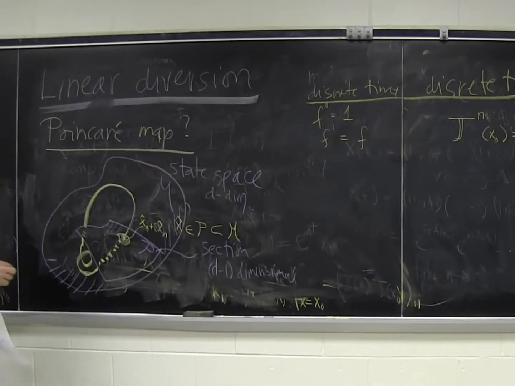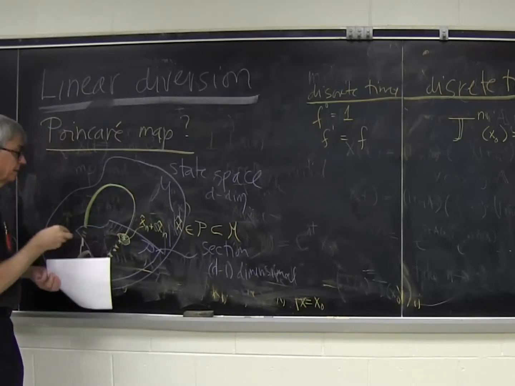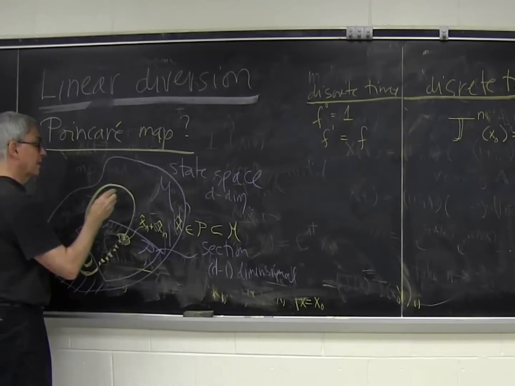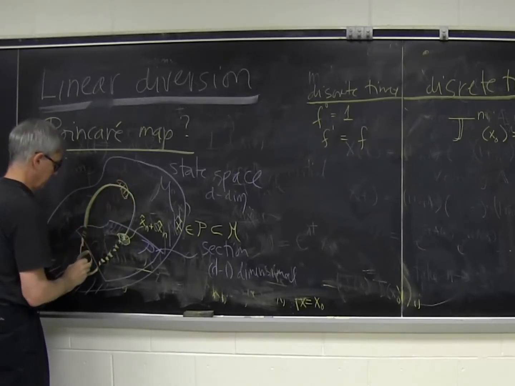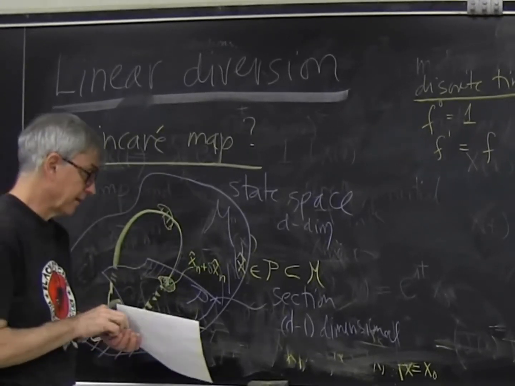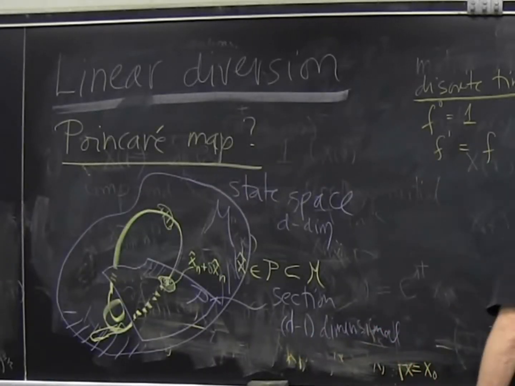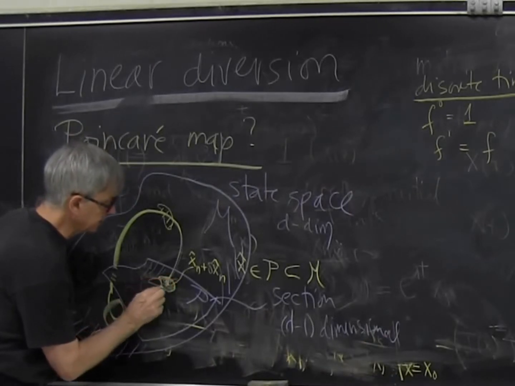It's quite obvious that as this thing progresses along, this is a piece of a hyperplane that's being sent around, so it'll do something as you go around. And it's quite obvious that at some point it should come back. And it'll come back in a distorted way, etc.